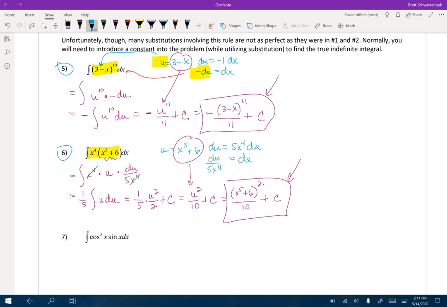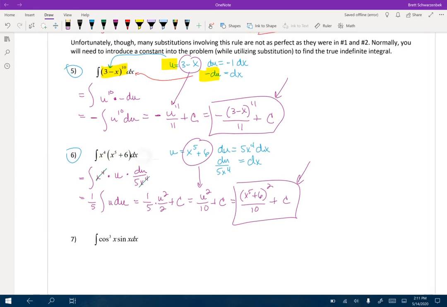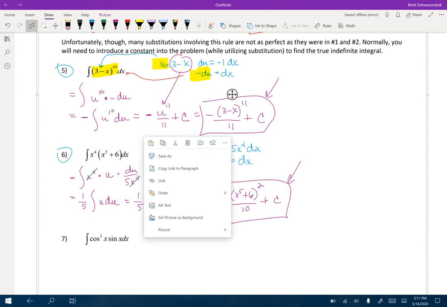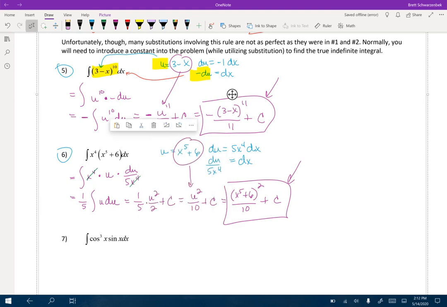A side note on this specific problem: in the bigger frame of things, we actually did not need the substitution rule to do this problem. We could have just distributed this and gotten x to the 9th plus 6x to the 4th, and then just done a straight antiderivative, and that's perfectly fine.